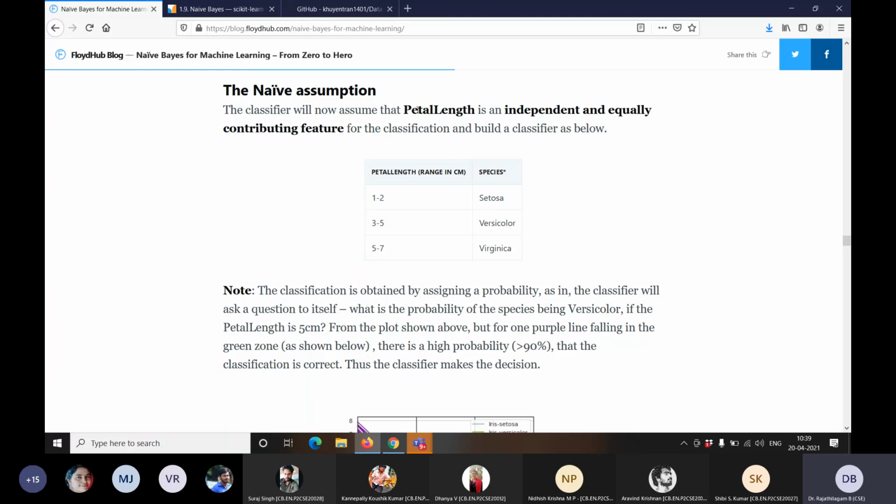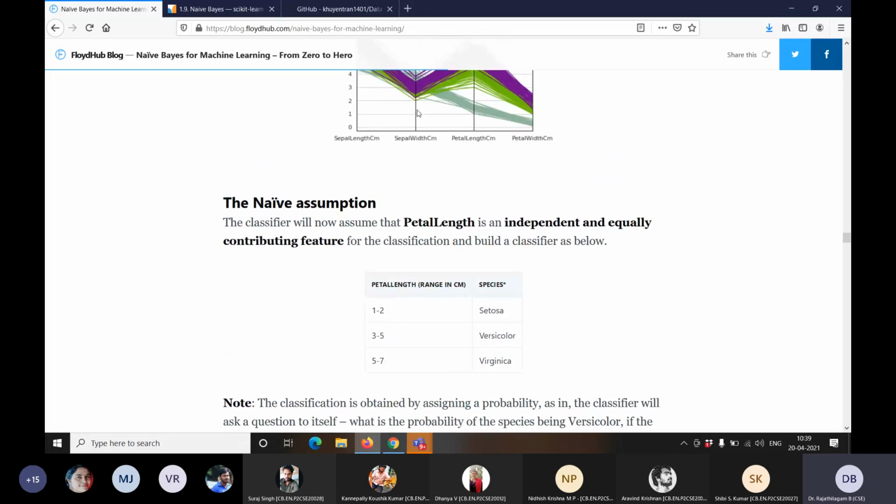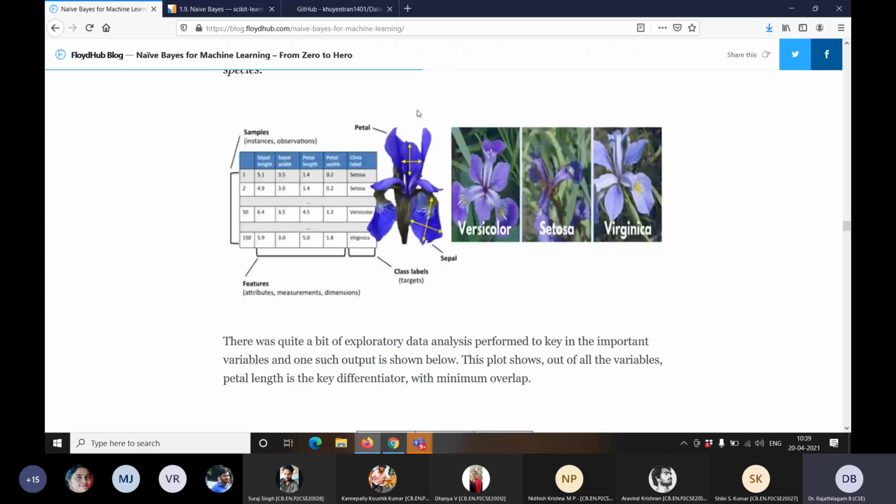So let us just take one assumption that we can have, then we can expand further. We assume that petal length is an independent feature, it is not dependent on anything else, and it is a contributing feature for classification. Look at the three flower pictures.